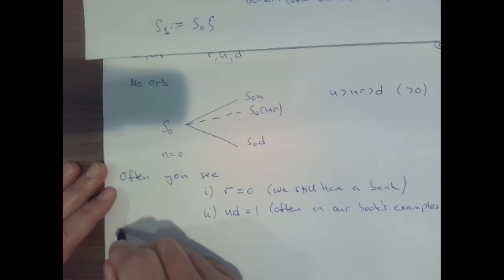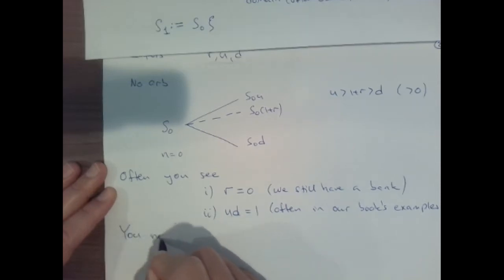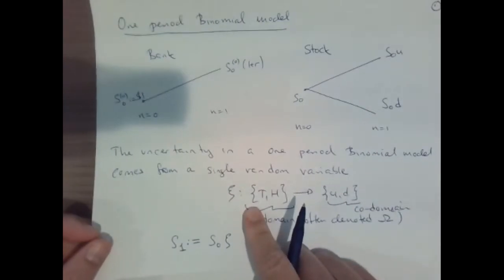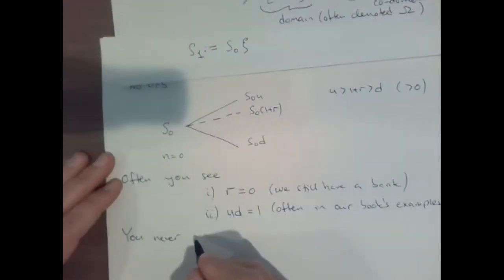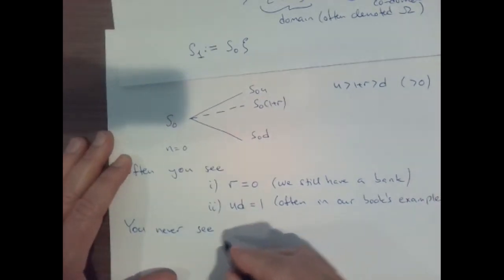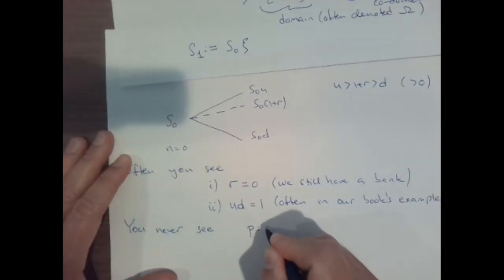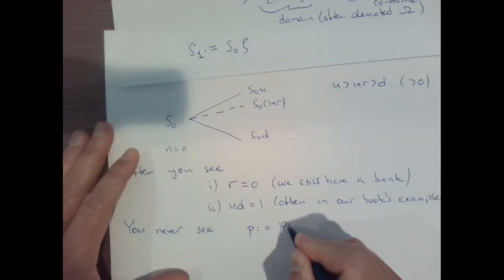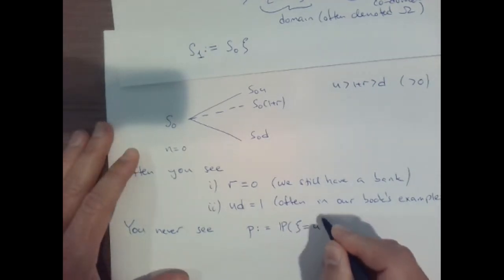I should also say that when we have our random variable, you never see this quantity, which is the probability that the random variable is u.